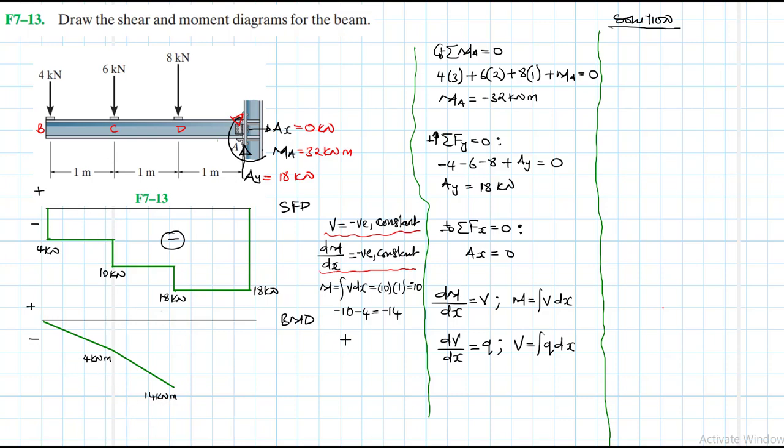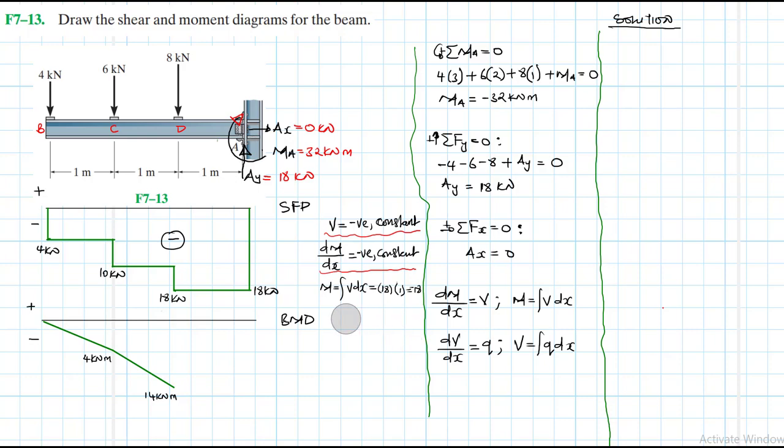All right, and then finally from D to A, the shear is negative and constant. The slope will also be negative and constant for moment. So let's just find the magnitude. We have 18 minus, these are minuses, by 1, which is equal to just minus 18.